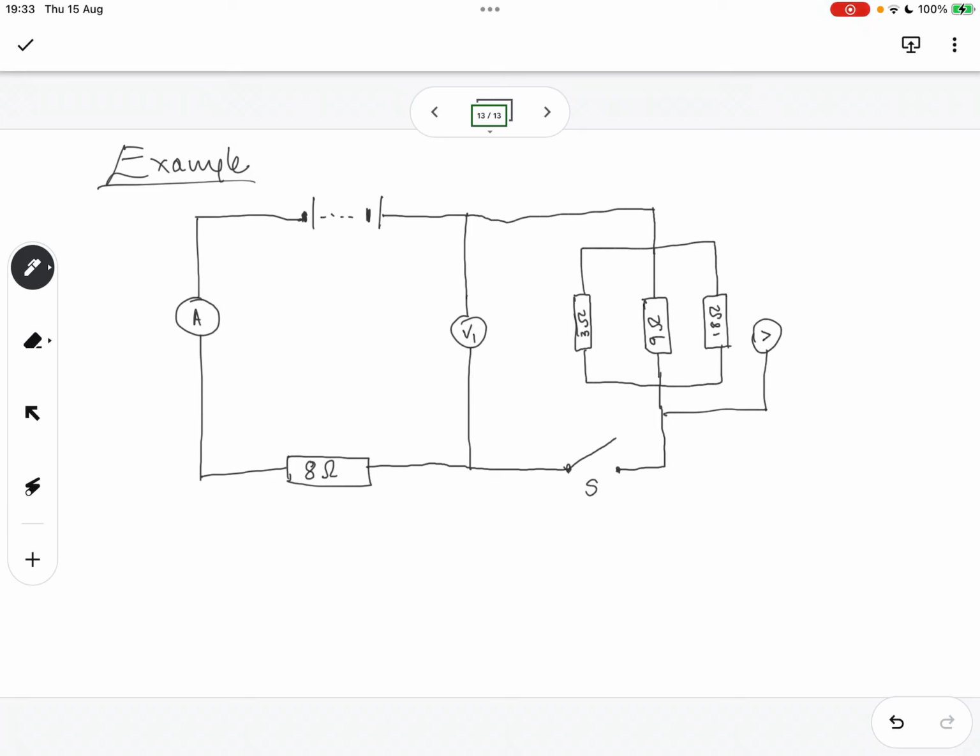And a voltmeter, the second one, is connected over there. All right. So the electromotive force is 24 volts and the internal resistance is 2 ohms. Okay, good.